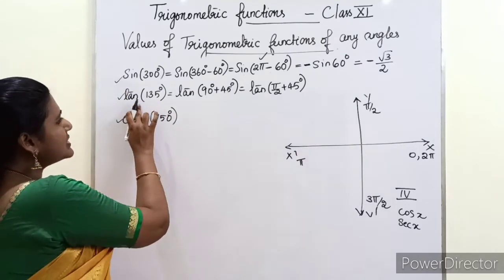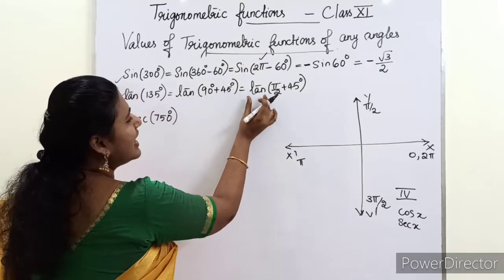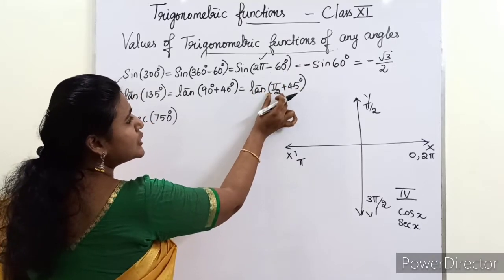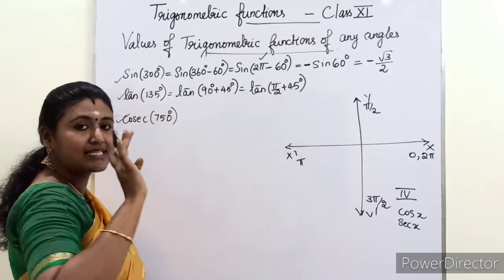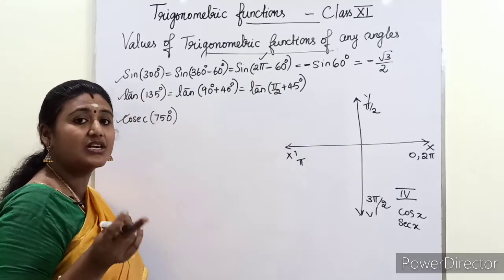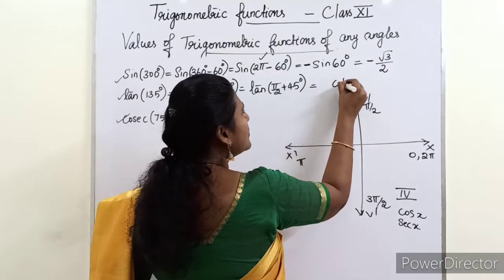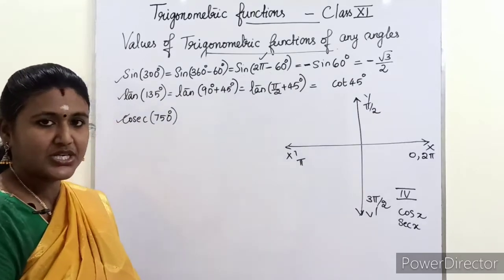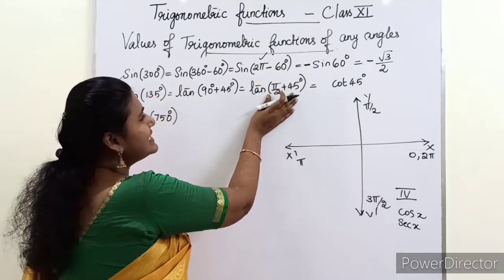Now the second question you see here, tan of 90 plus 45. So we express the angle as pi by 2 plus 45. Pi by 2, the angle lies on the y-axis. I said for angles on the y-axis, the function will change. So tan will change into cot 45. Tan will change into its co-function, that is cot 45. Now you have to find out in which quadrant this angle lies.